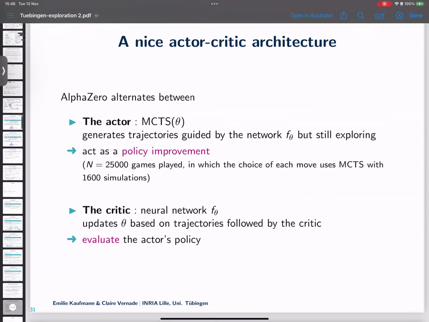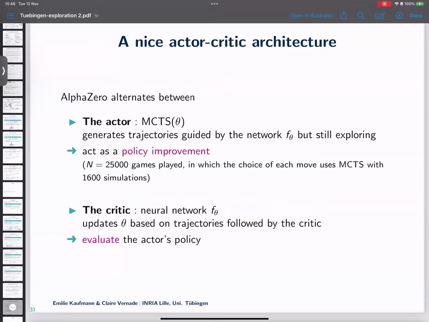I don't know if you've already seen this notion of actor and critic a little bit. Well, you'll see this for sure. In RL, we have this notion that sometimes you have an actor, which is the policy that is currently collecting the data, and you have the critic that evaluates the data collected by the policy, and that helps update the actor.